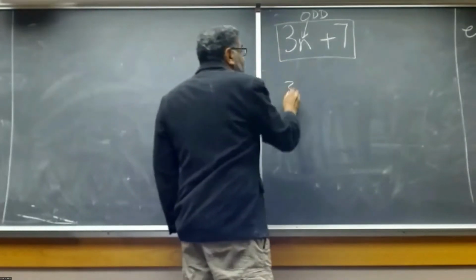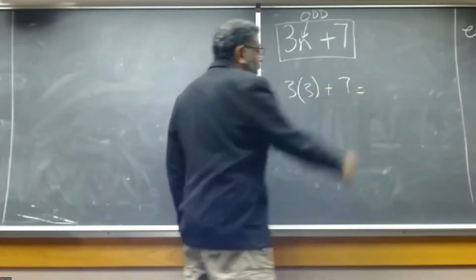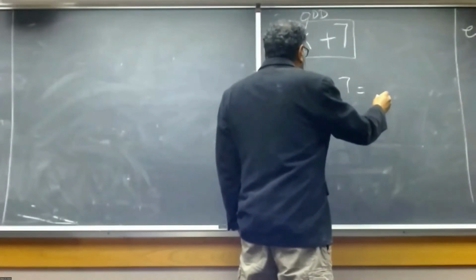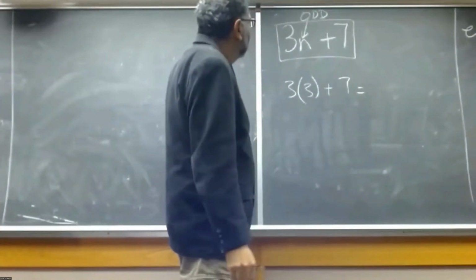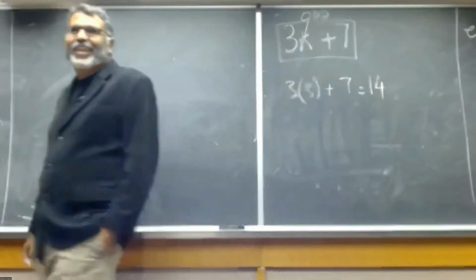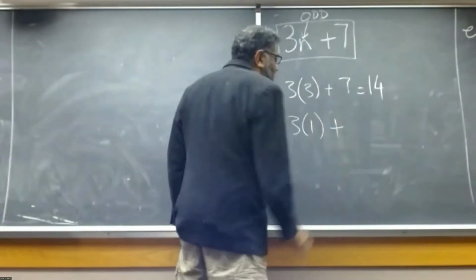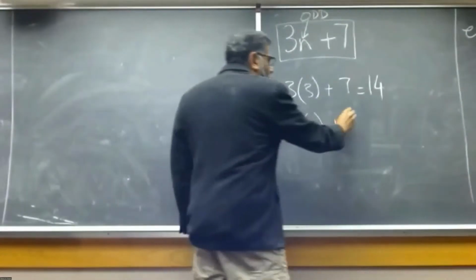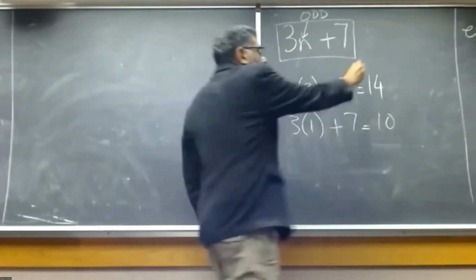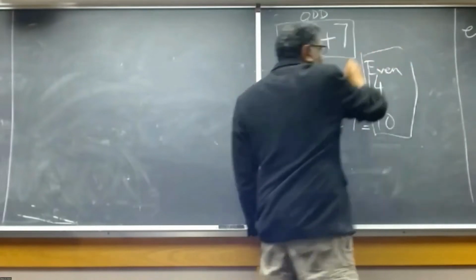So if I put an odd number here, I put 3, 9, and that's 14. If I put 1, which is also an odd number, I'm going to get 10. These both are even.